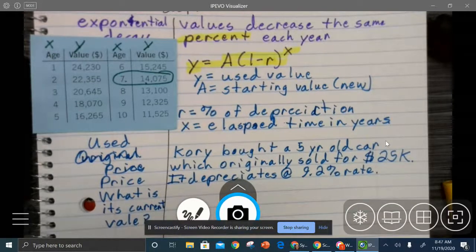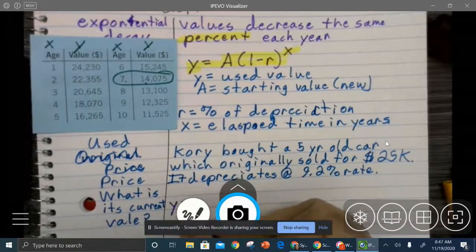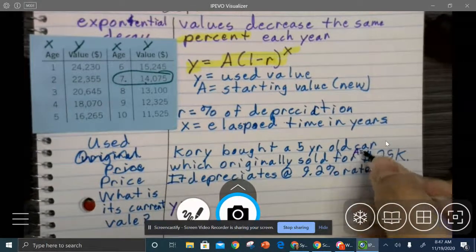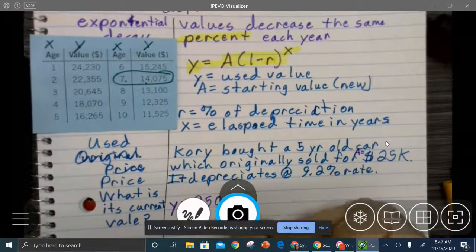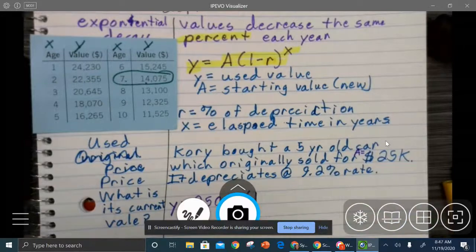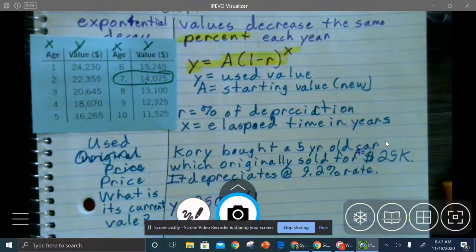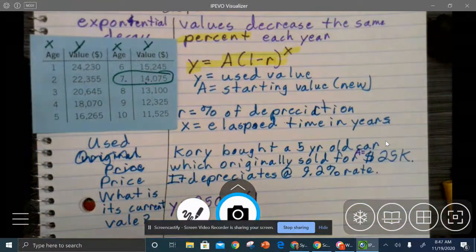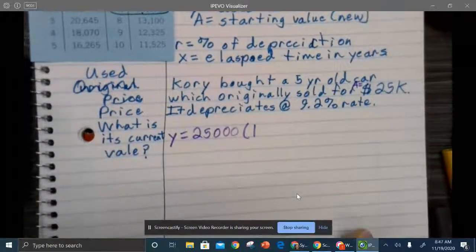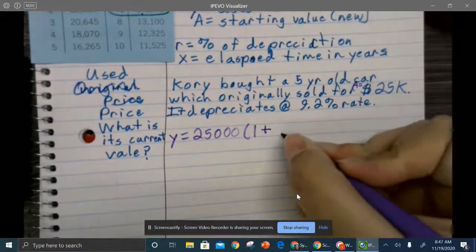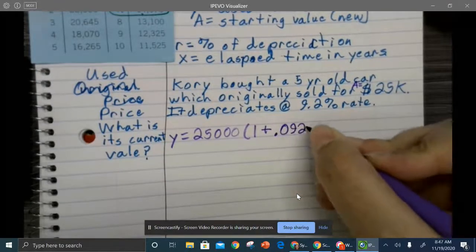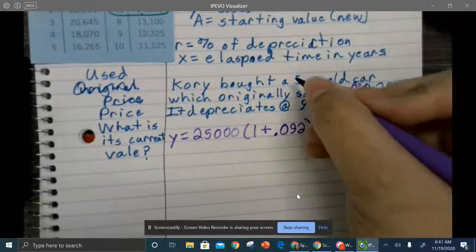Okay, so we're going to plug that into the formula, everybody. So y is equal to the 25,000, which is our A value, and then it's going to be 1 plus, the rate is a decimal, so 0.0292, raised to x.